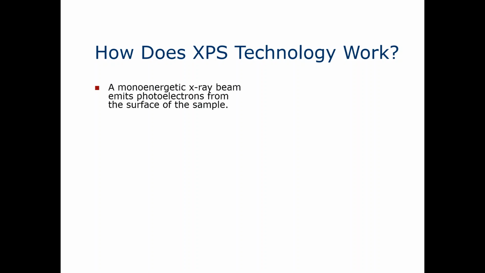Just like we mentioned in the previous lecture, in XPS analysis we have a monoenergetic X-ray beam which emits photoelectrons from the surface of the sample. We shine a monoenergetic X-ray beam on the surface of the material which we want to analyze.